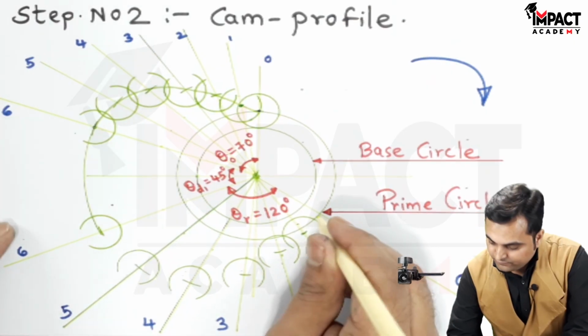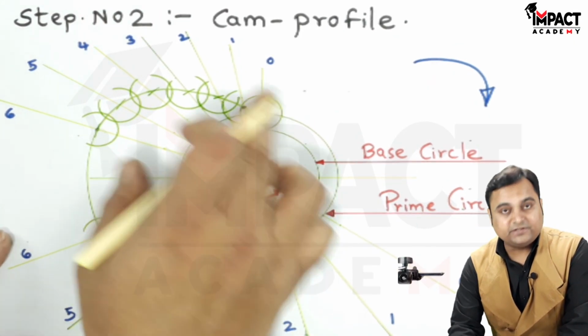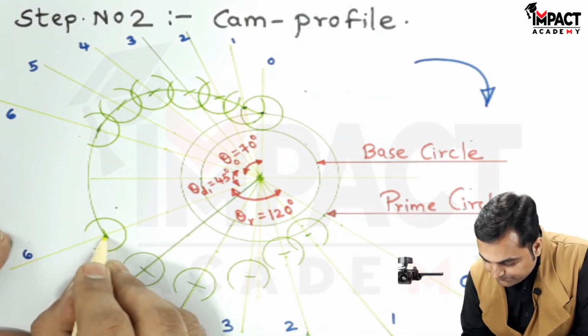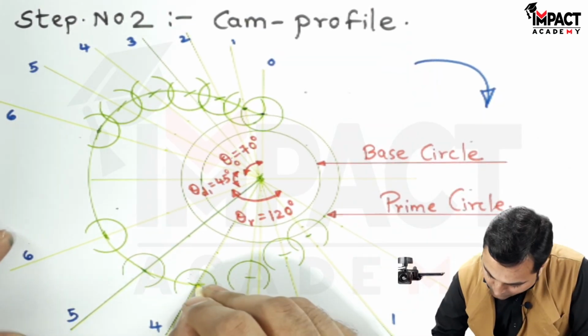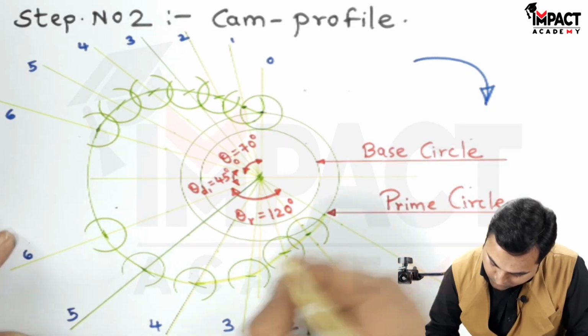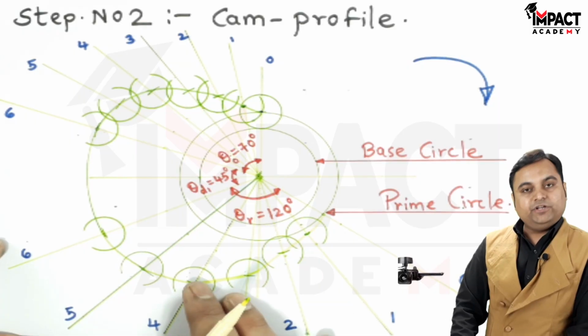And finally we'll reach this point 0. Now again, like I've connected these centers, I'll be joining them. So this is the curve which I'm getting by joining the centers.